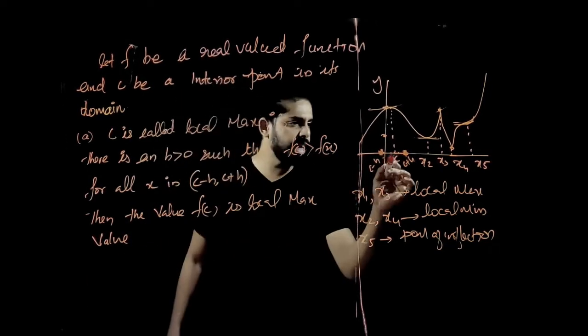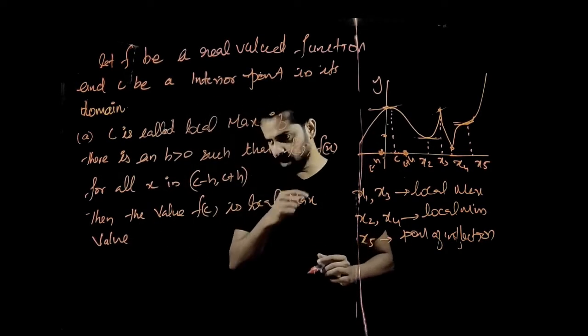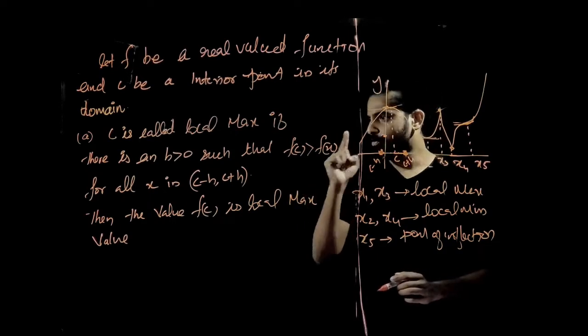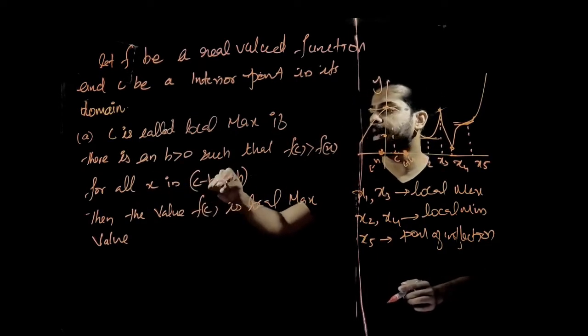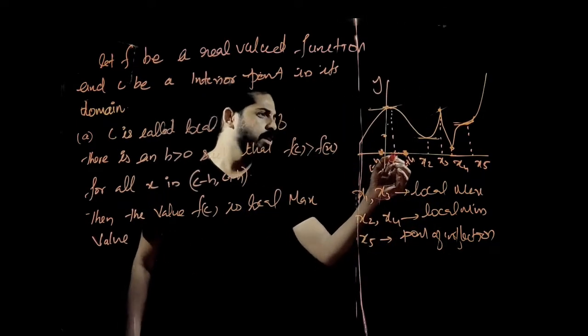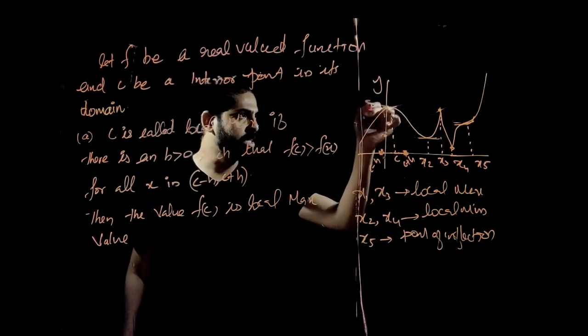So we can say that c is a local maxima if f of c is greater than f of x for all x in c minus h and c plus h. We can clearly see f of c means the value of the function at c, this value, this is f of c.